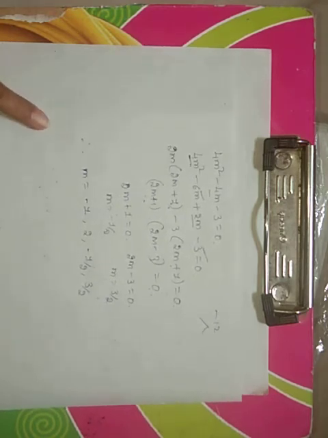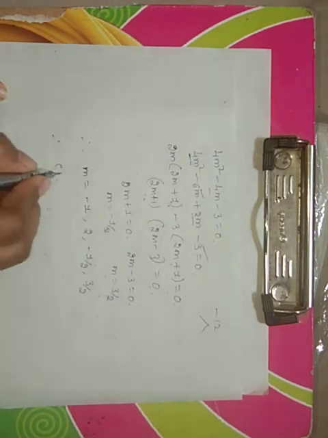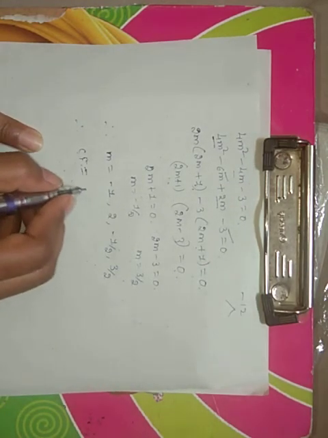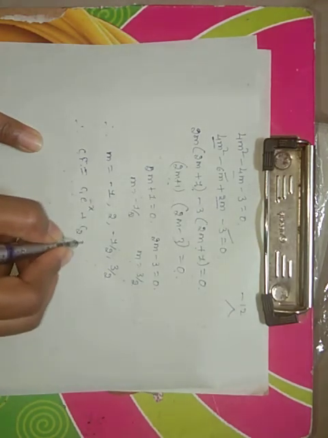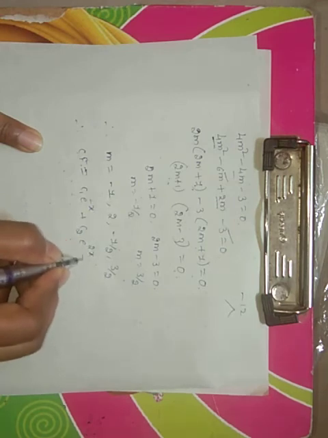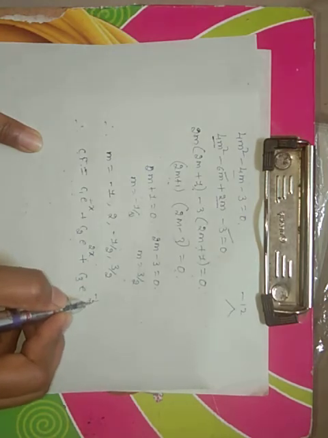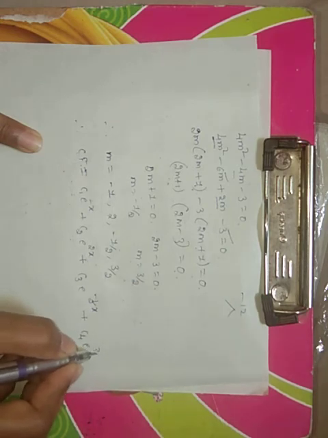So the complementary function for all the distinct roots is c1 e^(-x) + c2 e^(2x) + c3 e^(-x/2) + c4 e^(3x/2).